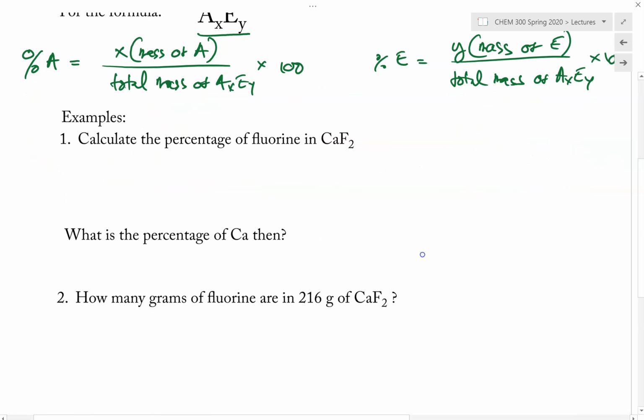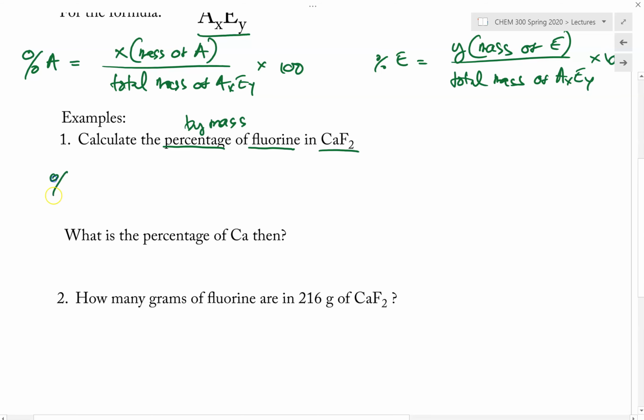For example, calculate the percentage of fluorine in calcium fluoride. The question is asking for the percentage by mass of fluorine. And again, if we see a percentage like this, we should be thinking of percentage by mass. So what would be the mass of fluorine in calcium fluoride?